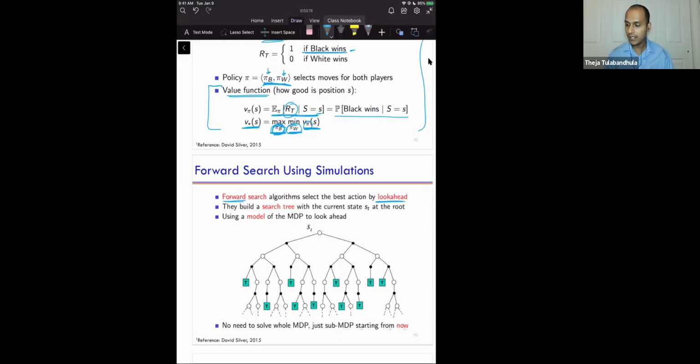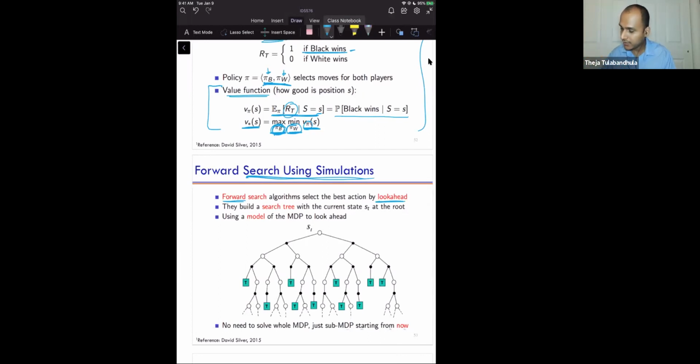Now in forward search using simulations, or in forward search in general, we're going back to our drawing board and saying, I'm in this situation, let me simulate what all can happen in the future. It's not on the original board where I'm supposed to play, but on a copy of that board where I can imagine, if I do this, this person's going to do that, and then I do this, and this person will do that.